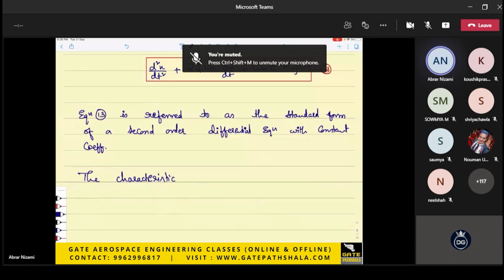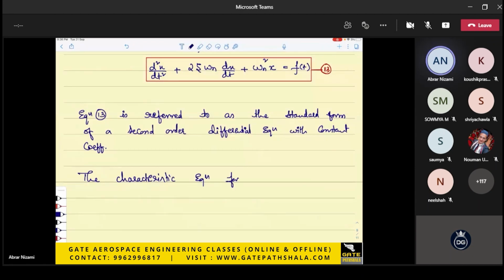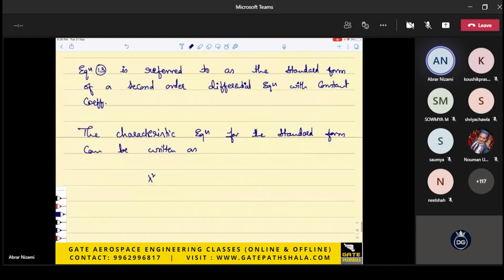The characteristic equation for the standard form can be written as lambda square plus 2 xi omega n into lambda plus omega n square equals 0.